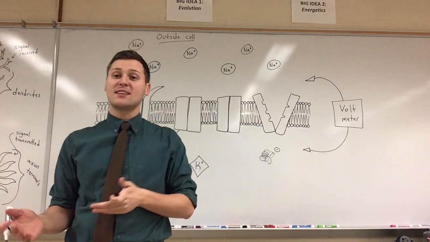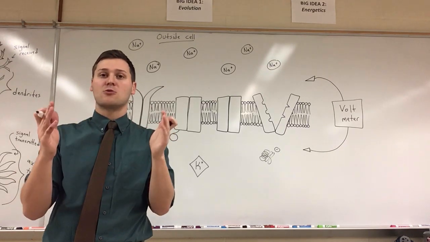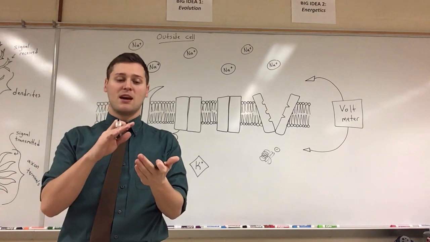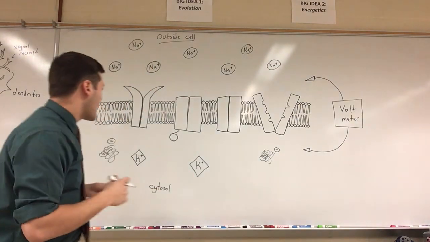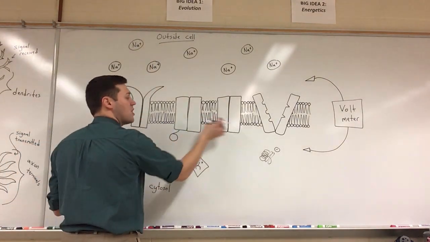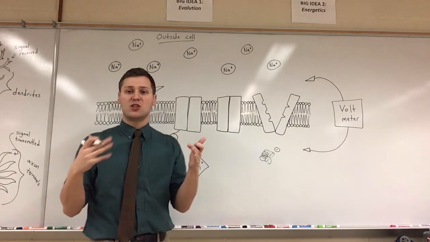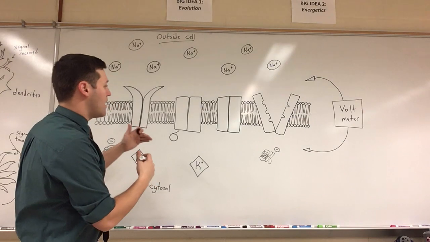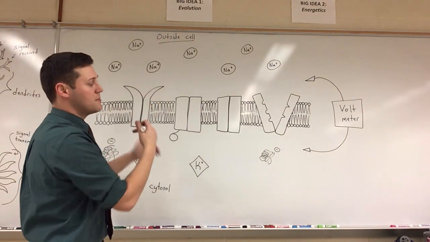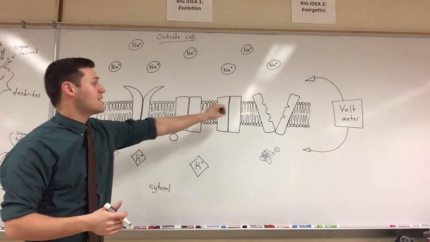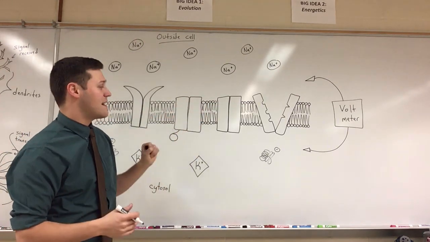And if it's mechanically gated, that means it's opening through some sort of physical stimulus, like maybe perhaps pressure. And here we have a couple of voltage gated channels. They will open when the voltage changes. So when the relative charge between the inside and the outside of the membrane changes, that's going to stimulate these ones to open. And we'll talk about that in a second.